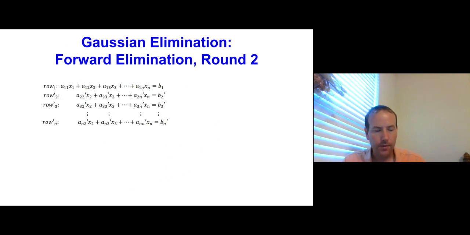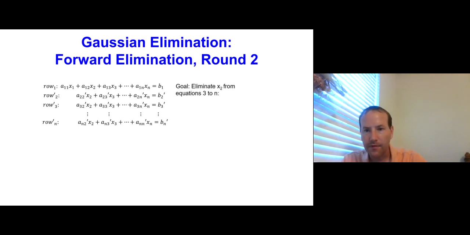So in round 2, after we do round 1, the goal is to eliminate x2 from equations 3 to n, where n could be as many as we've got. And so we're going to move.